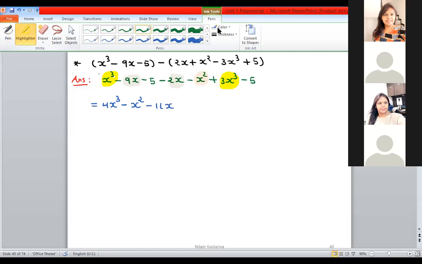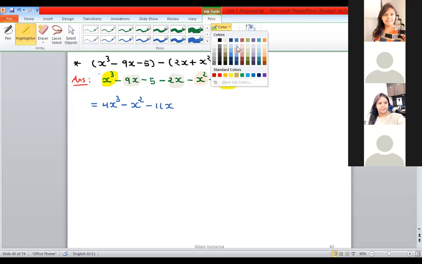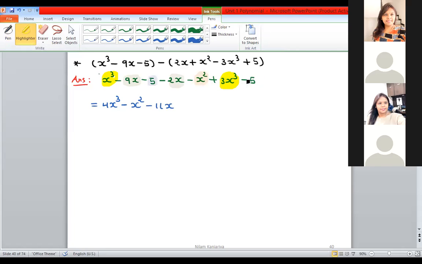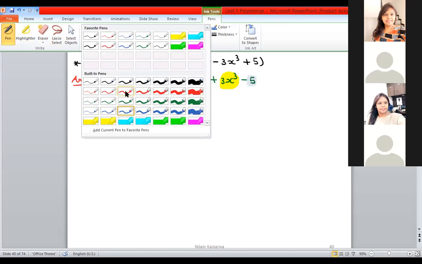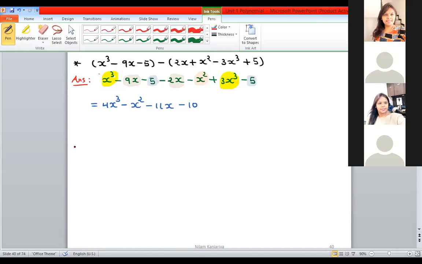And the constant is this minus 5 and minus minus plus, it is minus 10. Could you get it? Very good. Many students gave the answer before me. Very good. Impressive.